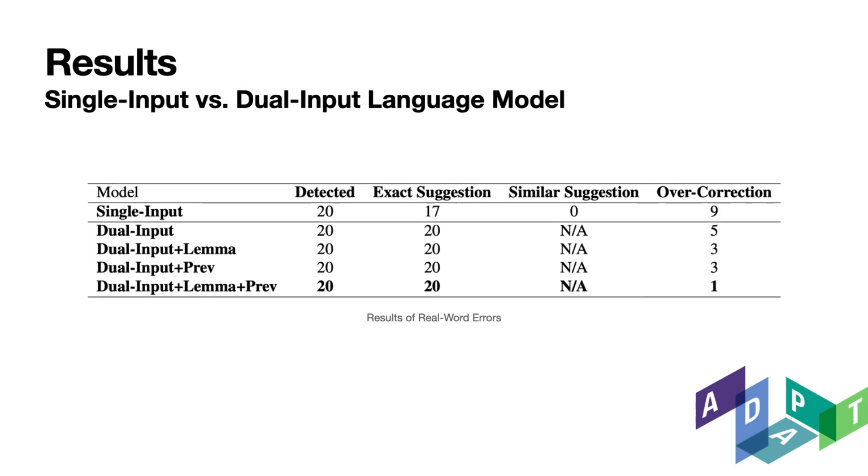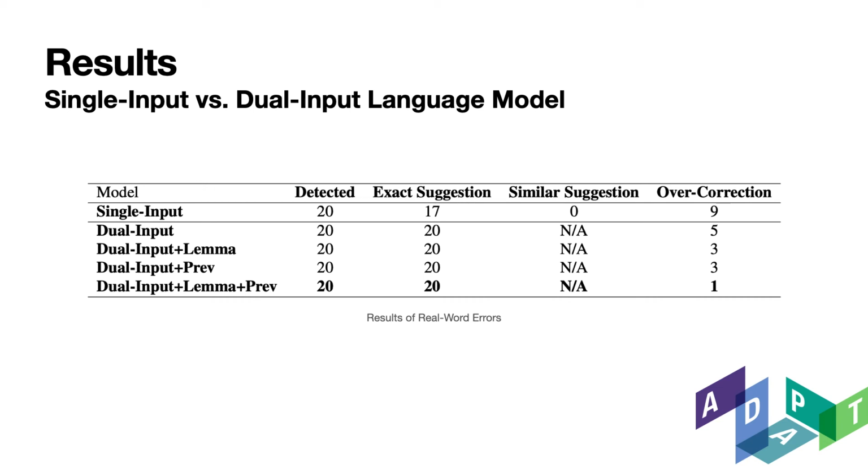We compared our single input model and dual input model and applied enhancing techniques to our dual input model, such as lemmatization of very long words and correcting the misspelled word before predicting the next word.